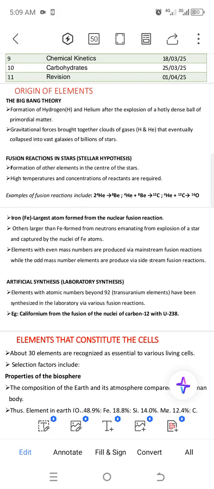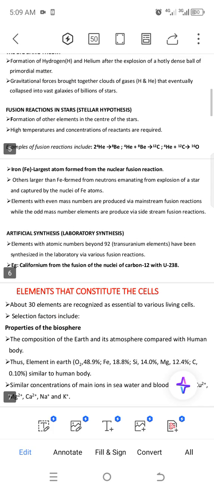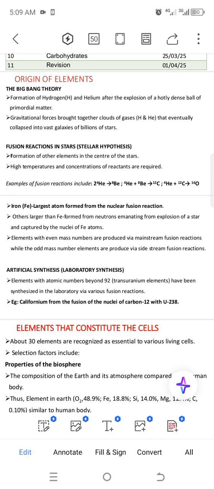So basically, we are coming to talk about the source of elements, how the various elements came into existence. So the first thing we will consider in tackling the origin of elements is the Big Bang theory.